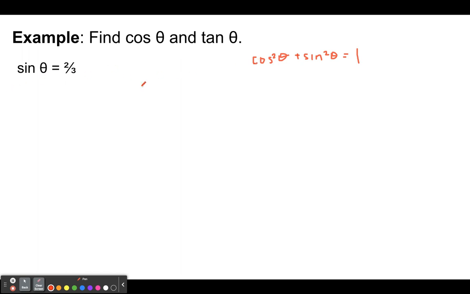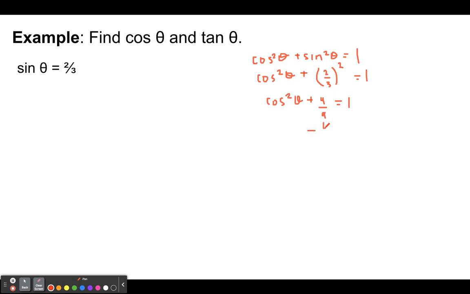This time we know sine, so I'm going to leave this cosine squared theta plus 2/3 squared is equal to 1. So cosine squared theta plus 2 squared is 4, 3 squared is 9, is equal to 1.